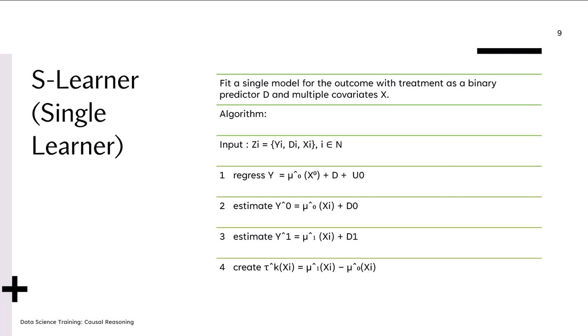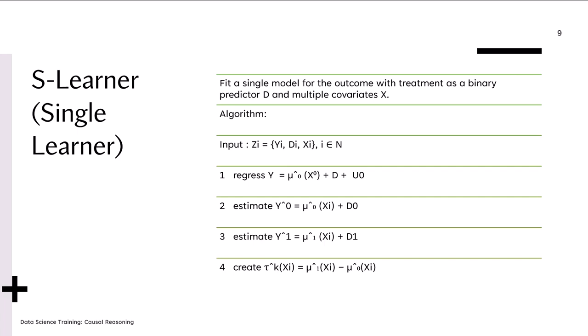In step two, you use the trained model to estimate potential outcomes in the absence of treatment, given the values of covariates. In step three, you estimate potential outcomes given the presence of treatment and the values of covariates, so the potential outcomes as if all participants were treated.